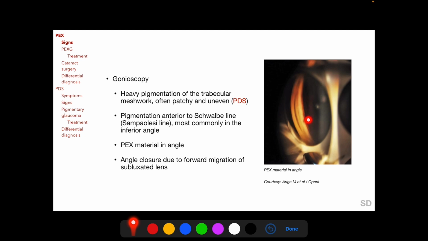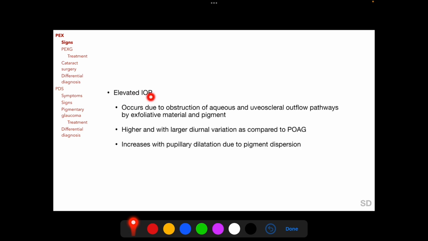PEX material, as shown here in this photograph, can be found in the anterior chamber angle, and there can be a component of angle closure also due to forward migration of the crystalline lens due to zonular weakness. Elevation of the intraocular pressure in pseudoexfoliation occurs due to obstruction of both aqueous and uveoscleral outflow pathways by exfoliative material as well as dispersed pigment.